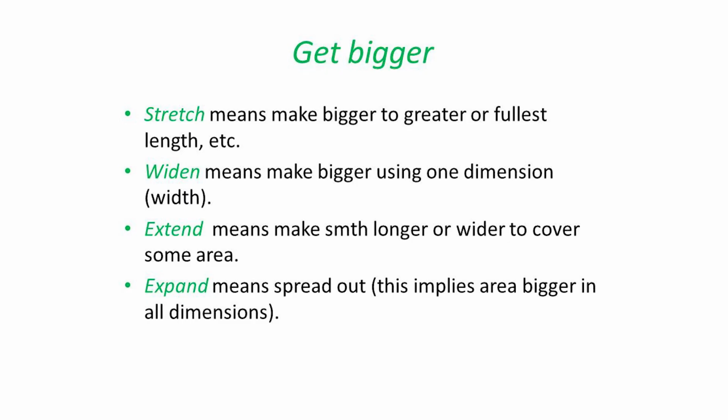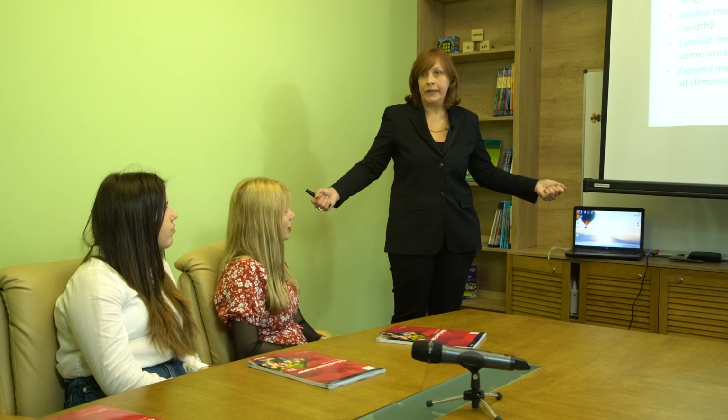So I just want you to demonstrate the meanings of all of them. Stretch means make bigger to greater or fullest length, for example. Widen means make bigger using one dimension, and this dimension is width.